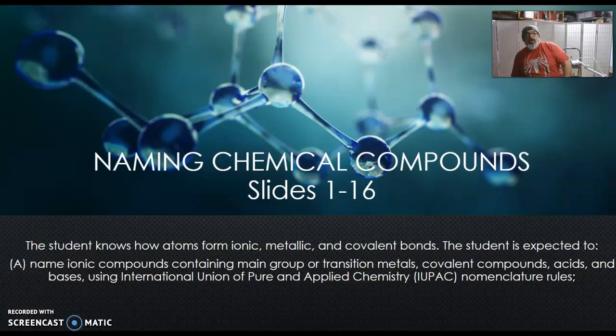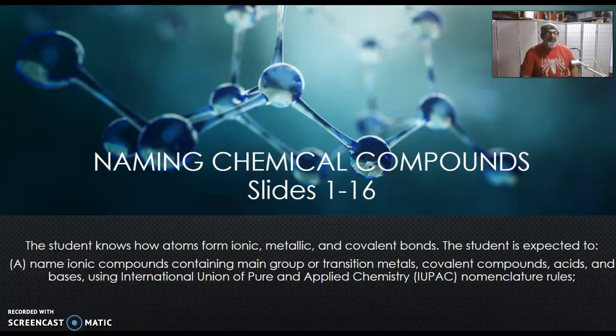You are expected to name ionic compounds containing main group or transition metals, covalent compounds, acids, and bases using International Union of Pure and Applied Chemistry rules, short for all of that is IUPAC. Those are the rules we use for naming. There are other naming schemes out there, but that's what we use, and we call those nomenclature rules.